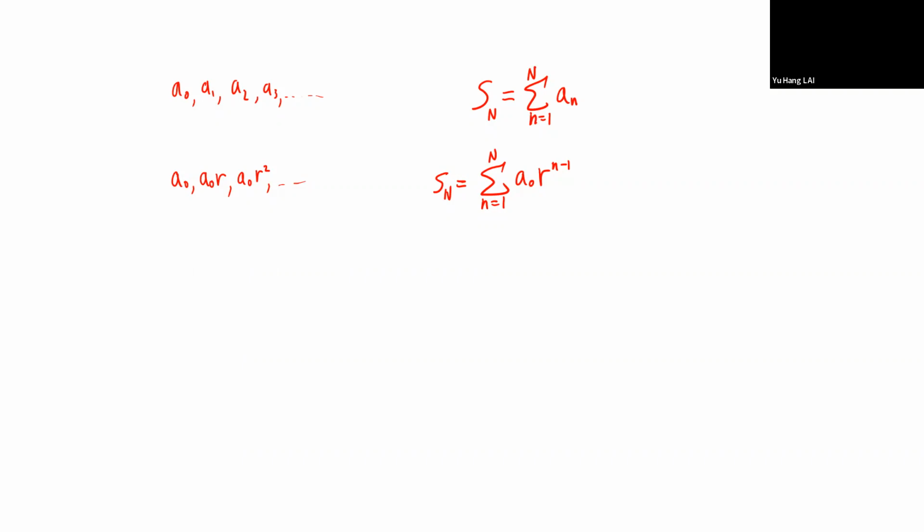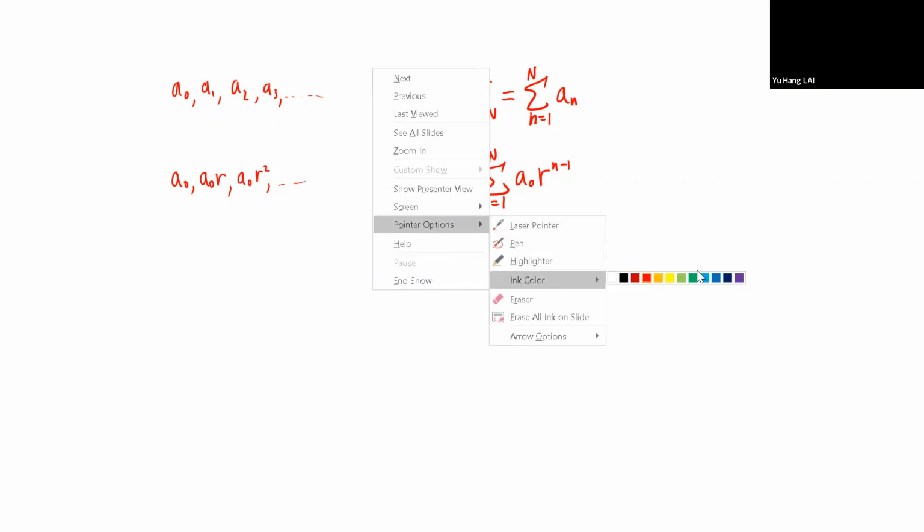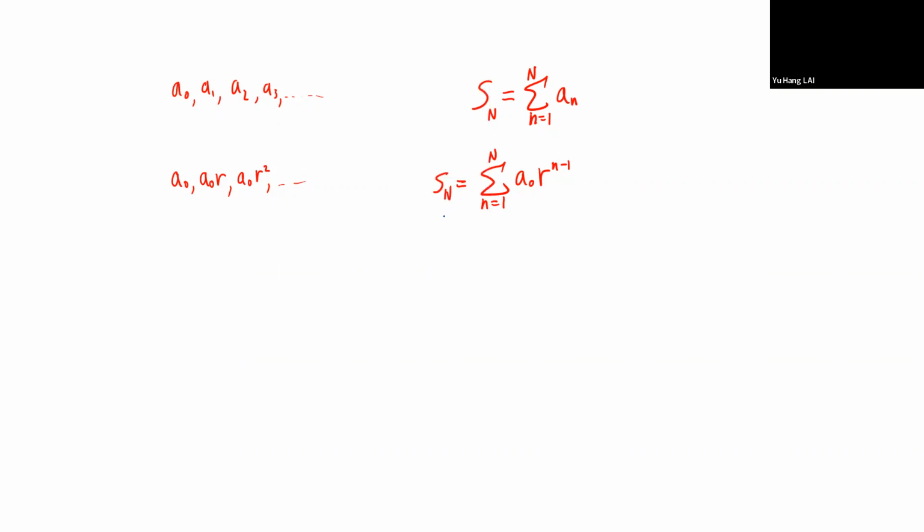I believe you have seen the trick. I write out all the terms of the series. It's a naught plus a naught times r plus a naught times r squared, all the way to a naught times r to the n minus 1.